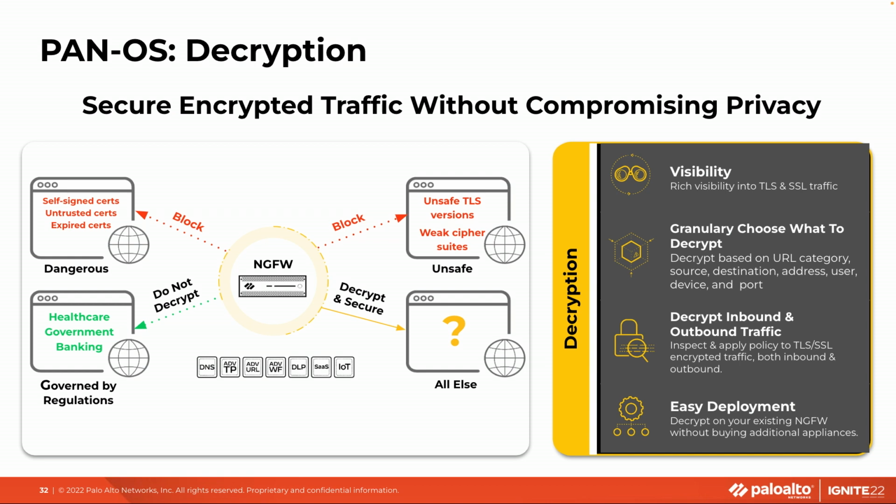This preserves the TLS's promise of confidentiality and integrity. Full coverage of all web and non-web traffic and the ability to see and decrypt TLS traffic provides visibility into all applications, users, content, and threats.